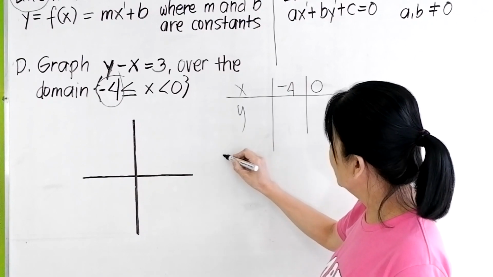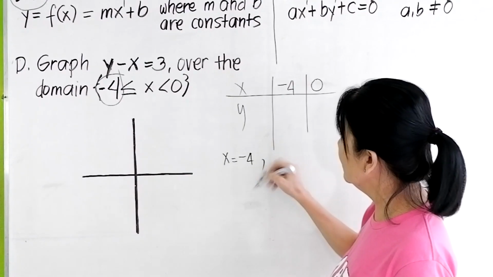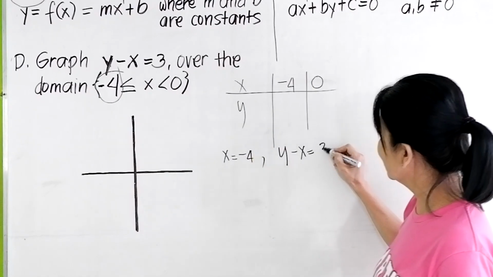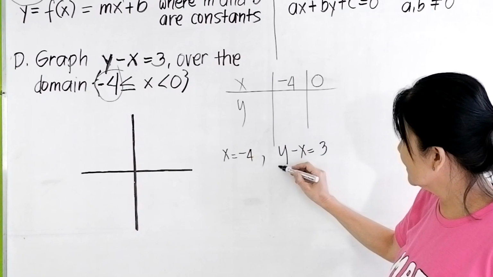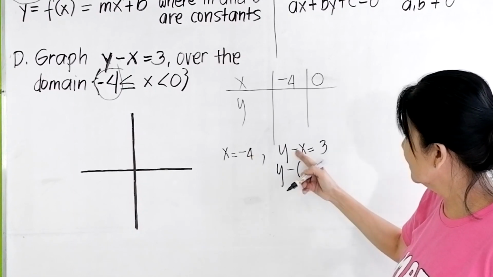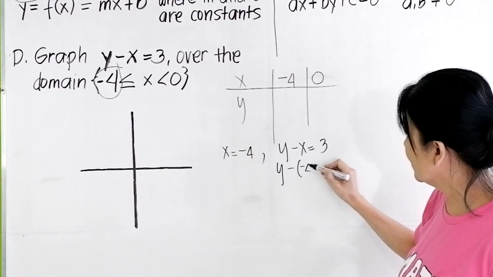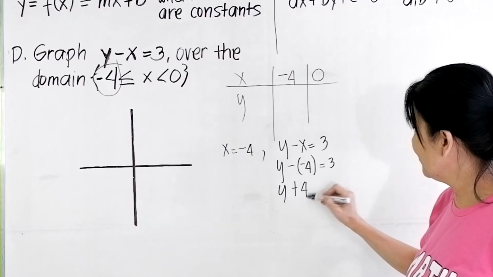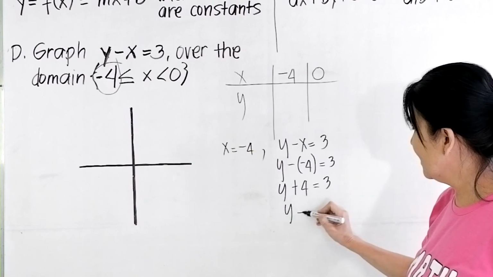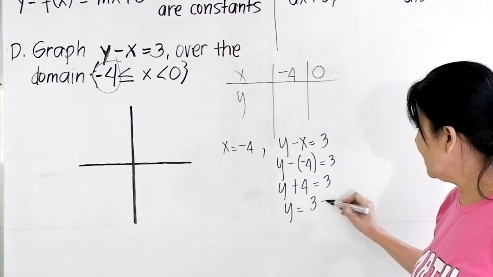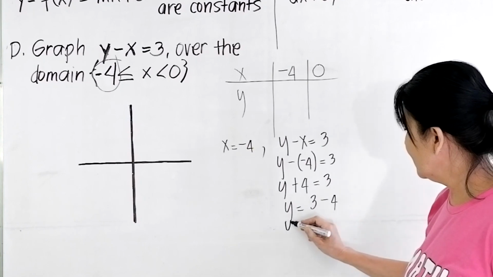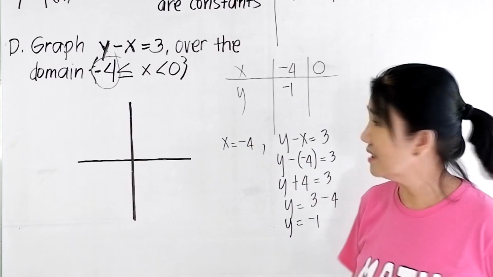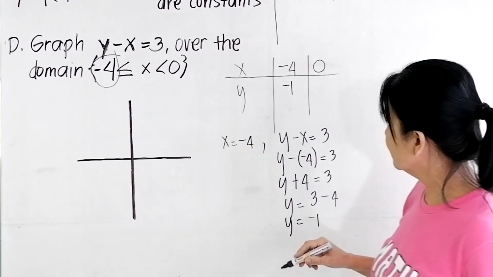Now, so when x is -4, we have here y minus x equals 3. Substitute the value of x. So y minus x, which is -4. So you have y minus -4 equals 3. Y plus 4 equals 3. So y gives us 3 minus 4 is -1 here. So we have one ordered pair, -4, -1.